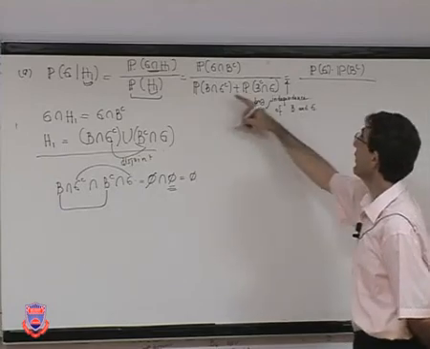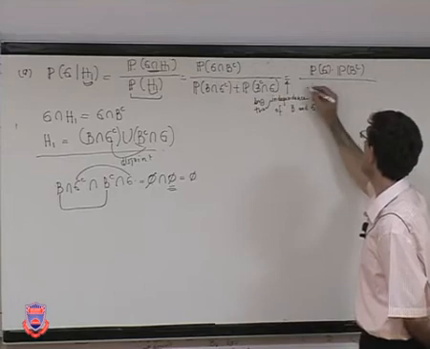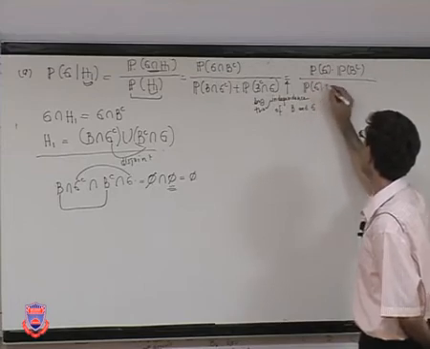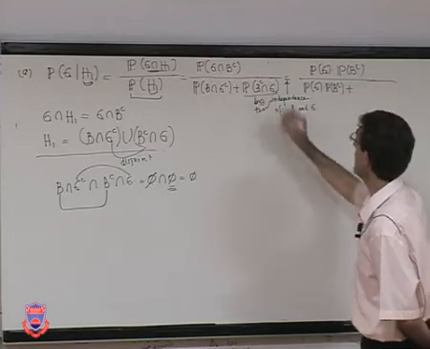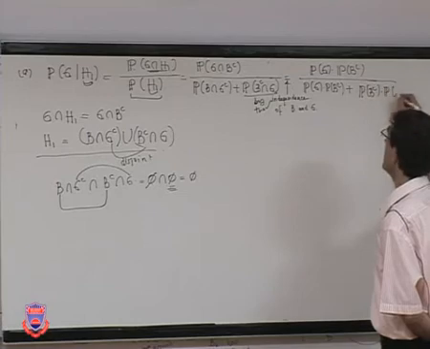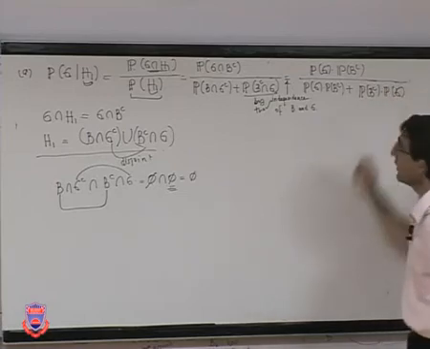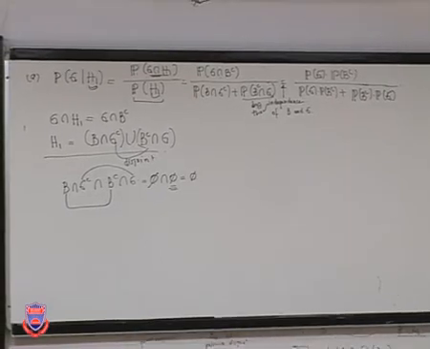And in the denominator, what do I have? Well, this is the same as the numerator, so I can just copy that. And what happens here? It can also be written as the product of these probabilities. Right? Are you satisfied with this?